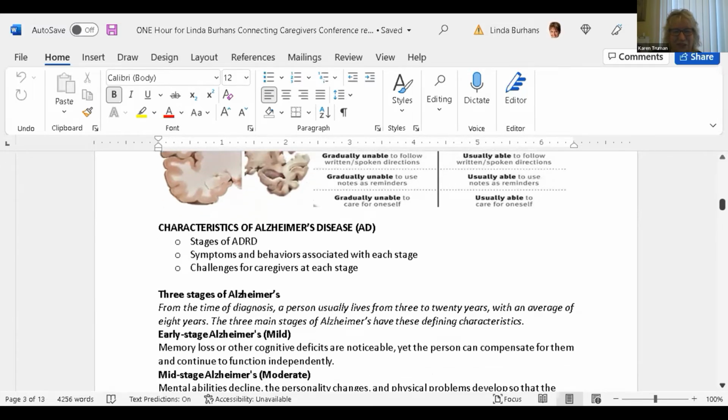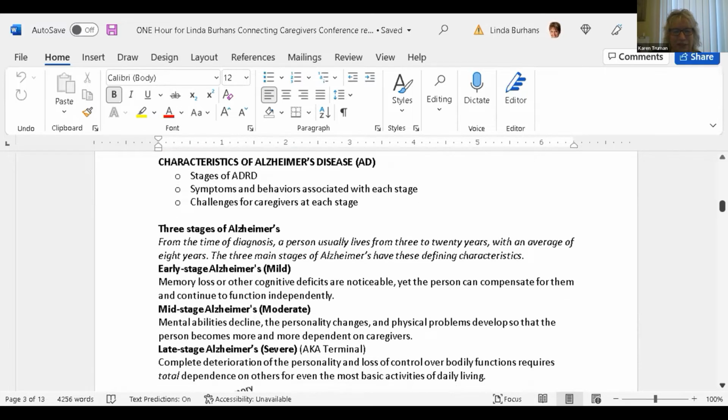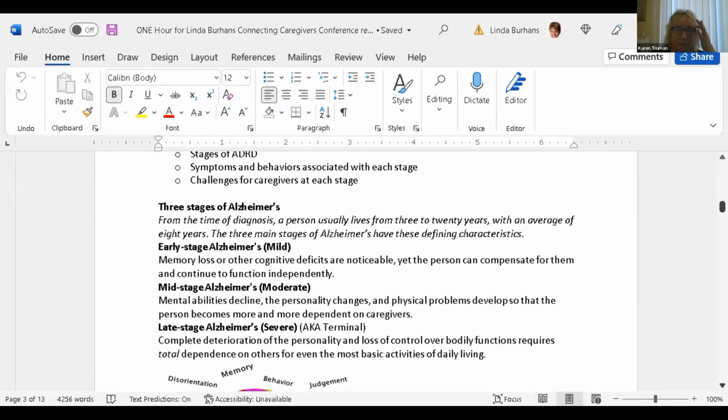Absolutely. So the characteristics, we have 3 stages of Alzheimer's. From the time of diagnosis, a person usually lives from 3 to 20 years with an average of 8 years. So we have the early stages. It's getting a little bit noticeable, but that person can still function independently.